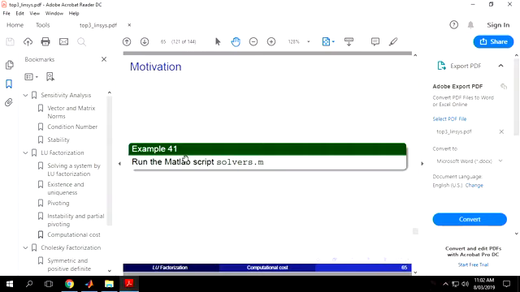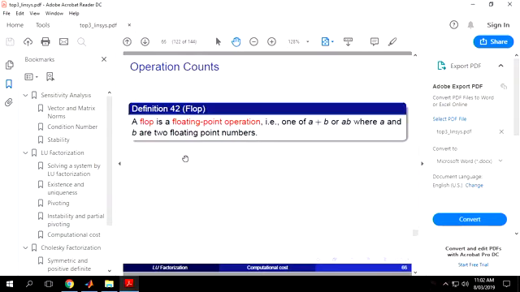Now there is a way to measure which of two algorithms is faster, and that is by counting the number of operations. One floating point operation can be either a plus or a multiply. A plus could be a minus as well, because b can be negative, or a multiply can be a divide.